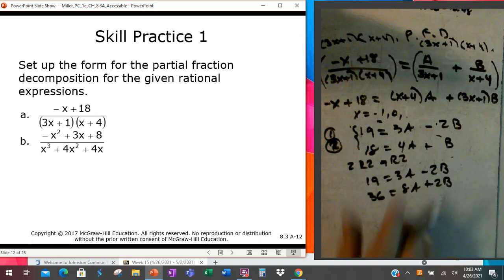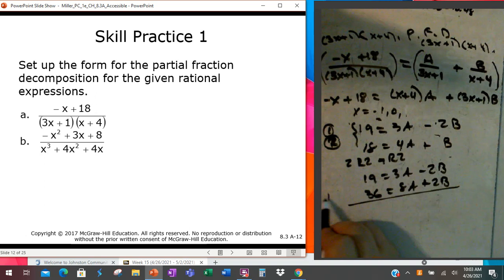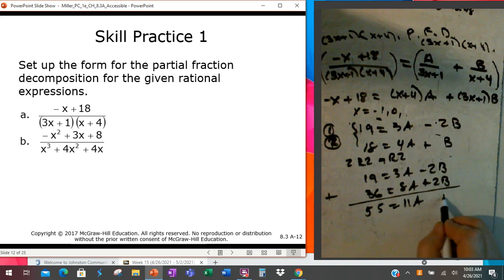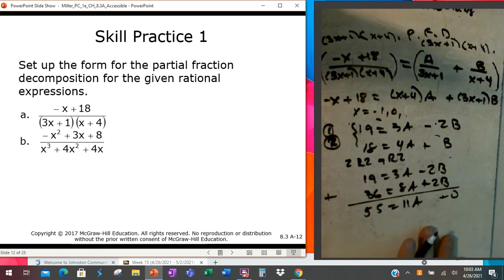And now all I have to do is add these 2, and that's going to cancel out. So 55 equals 11A, and then this goes out to 0. So my A is going to be equal to 5.